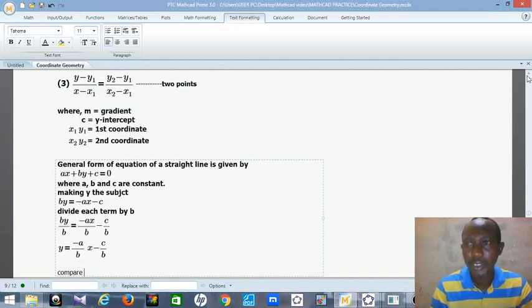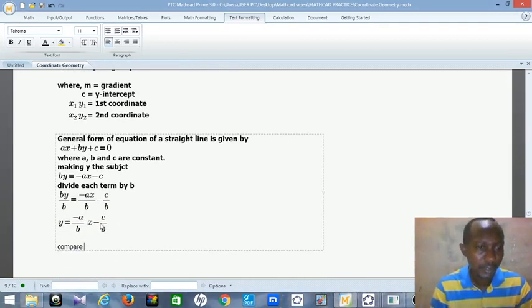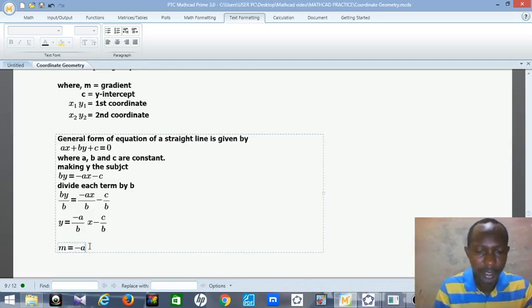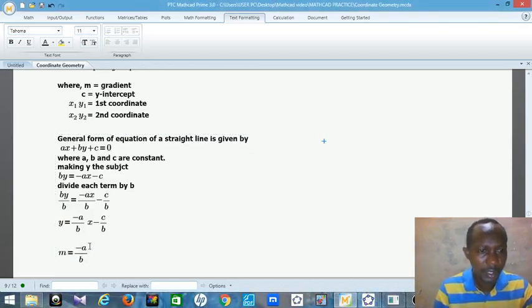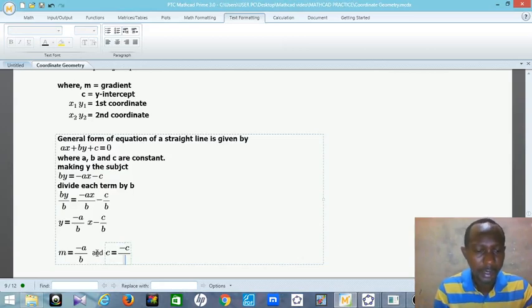By the time you compare this equation, the first equation I have here, y equals mx plus c, to what I just got now, you will discover that m, which is the gradient, will now equal minus a over b, and c, which is the intercept, will now equal minus c over b.